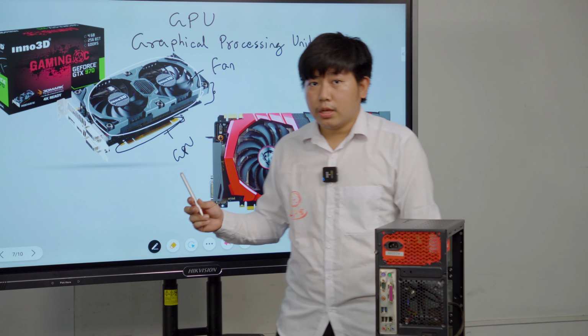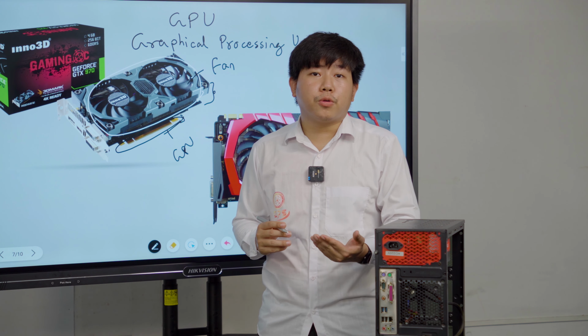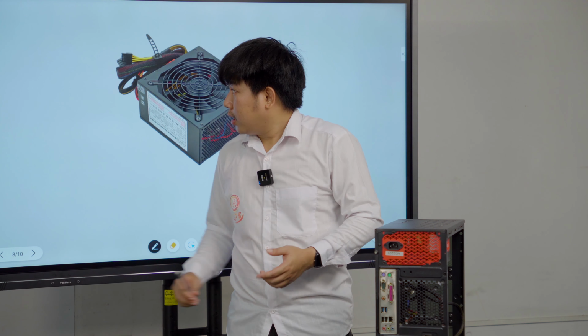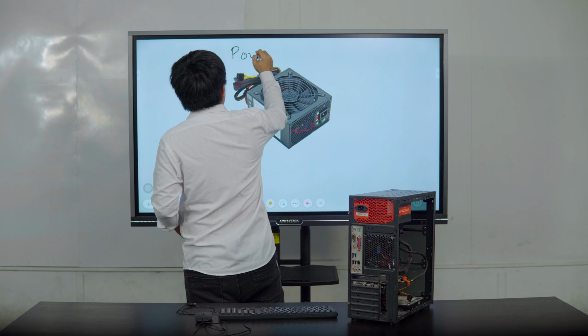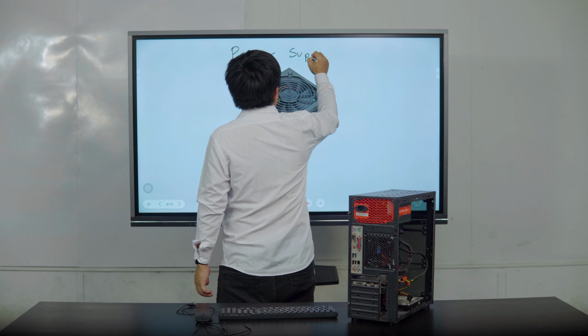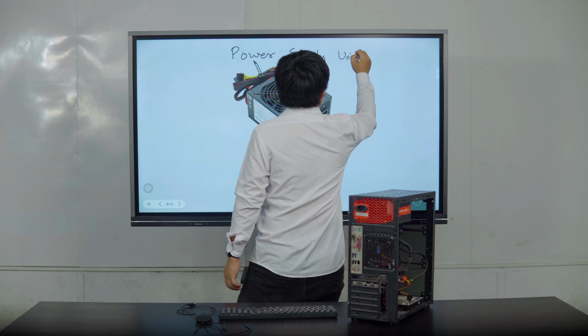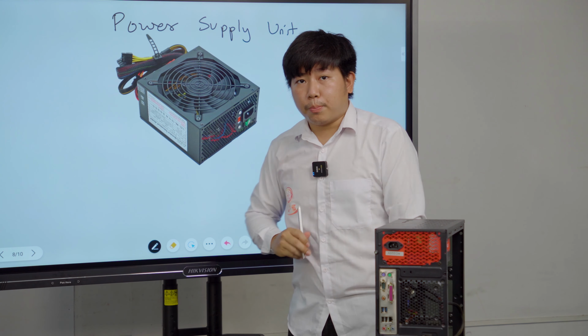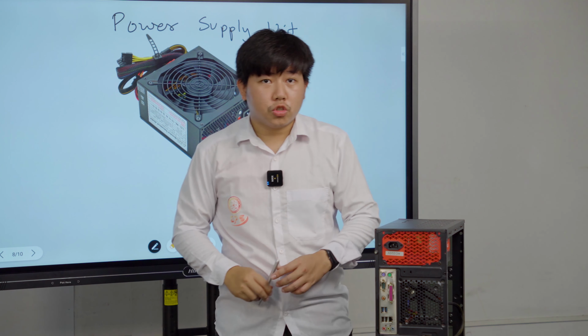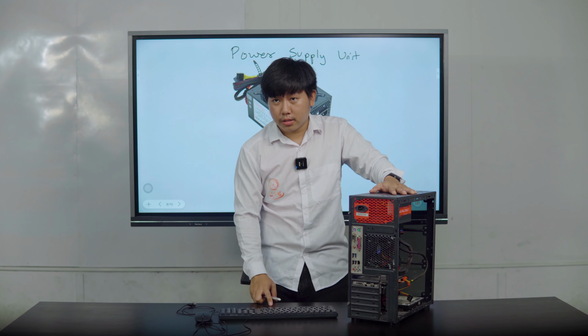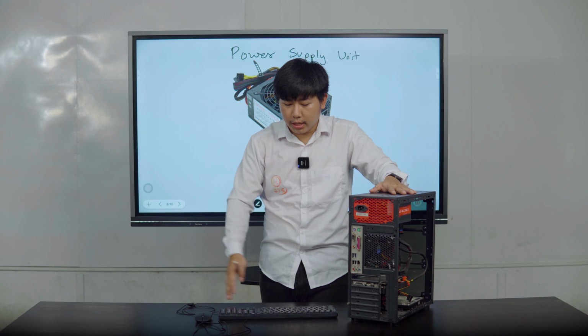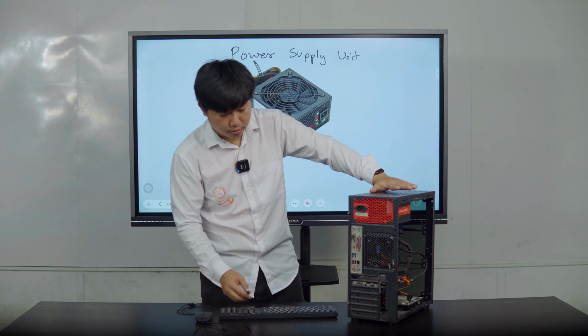For the GPU, as we have learned, it improves the display quality. And this is the power supply unit. This supplies the electricity required to the CPU, not only to the display, but also to the keyboard and mouse.